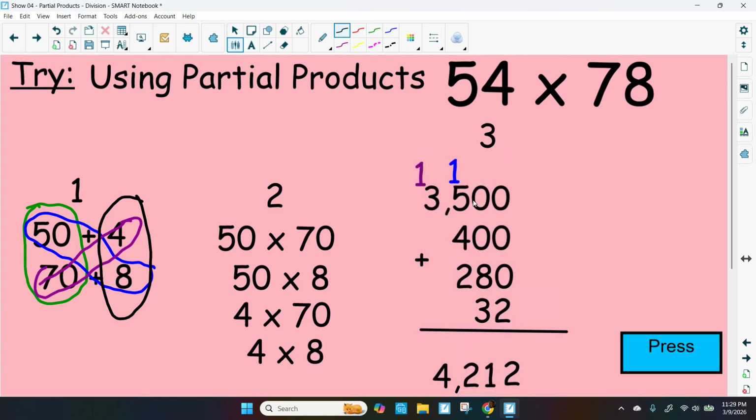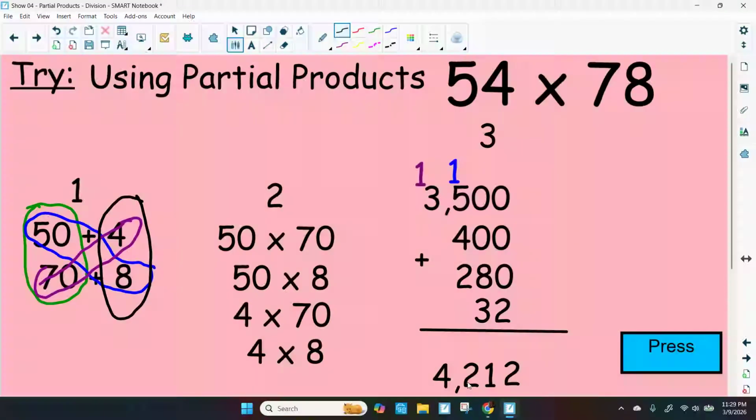So here is all of those answers that I just did. And now the last step, step 3, is to add everything up. So I'm adding up 2, and 8 plus 3 is 11. Carry the 1, so we bundle that up there. 1 plus 5 is 6, plus 4 is 10, plus 2 is 12.